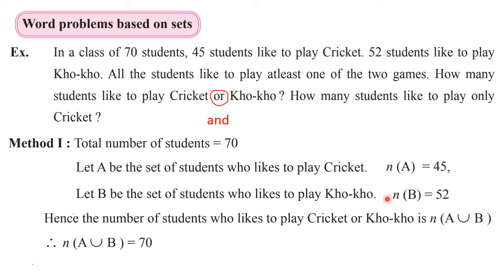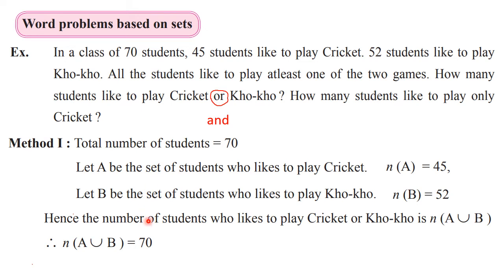Now this part, whatever is written, is common for both methods. Take note that you should write down this information for both methods. The later part is different, but in the beginning you should have this particular information.